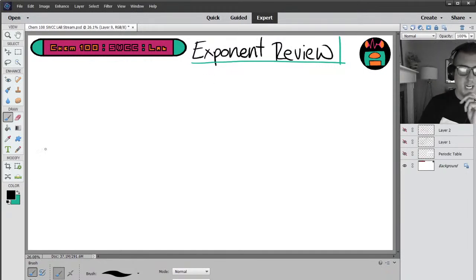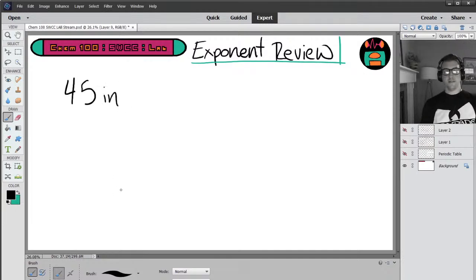All right, so let's write each of these in scientific notation, starting with 45 inches. Scientific notation, so our decimal is right here, right? We've got to move it so that it's behind the first non-zero digit. That's how you write something in scientific notation. So to write this in scientific notation, we've got to bump it one space to the left.